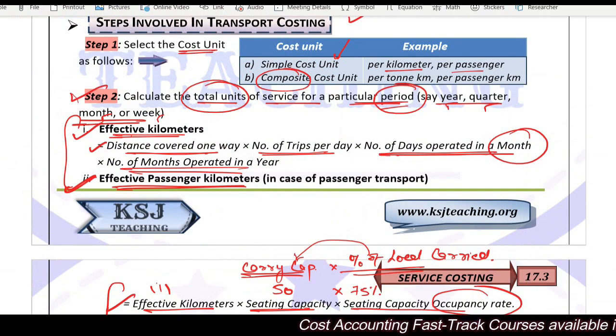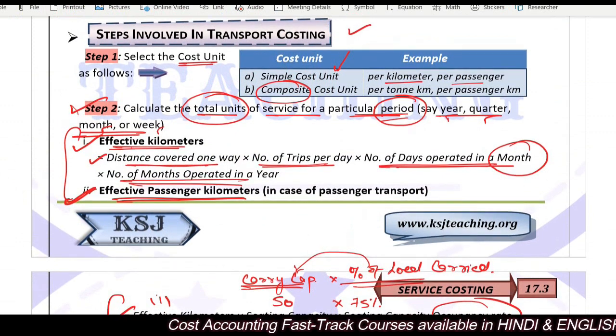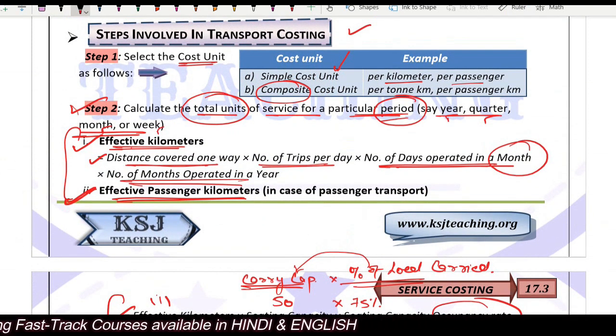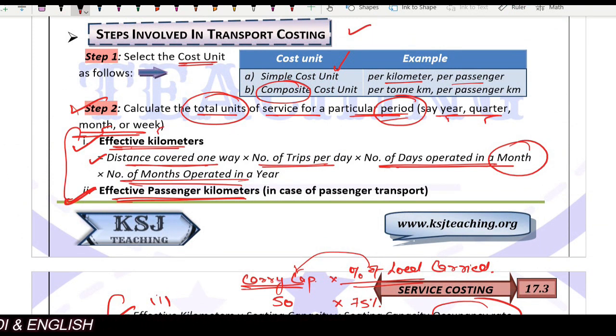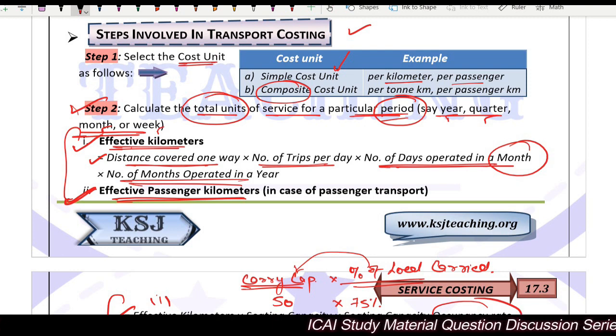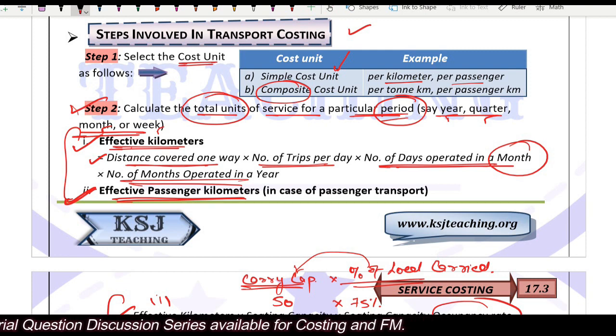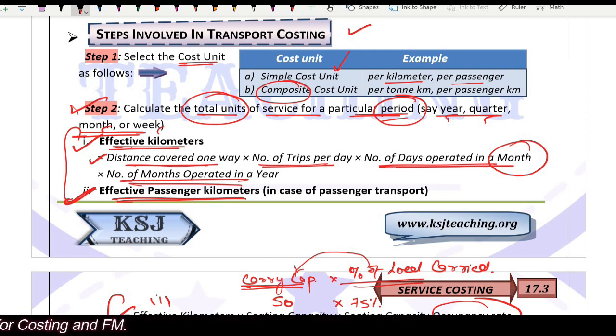So we have seen the steps in the last lecture, steps involved in transport costing. The first step is to identify the cost unit, that whether you want to follow the simple cost unit, that is you want to calculate the cost per kilometer or per passenger, or you want to follow the composite cost unit, that is that you want to calculate the cost per passenger kilometer, that is carrying one passenger over 1 kilometer, right? Or carrying 1 ton of goods over 1 kilometer.